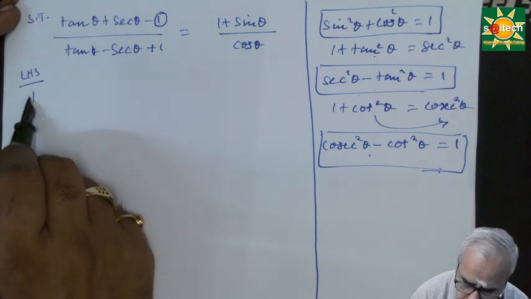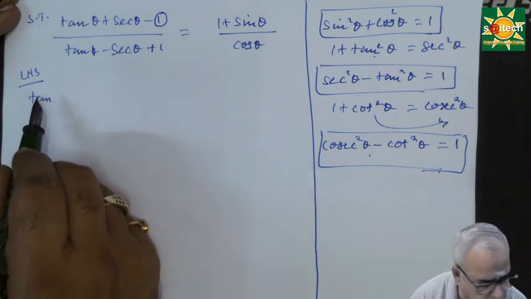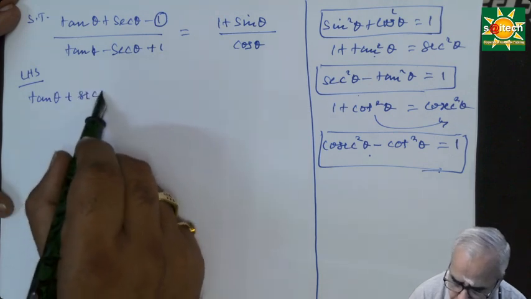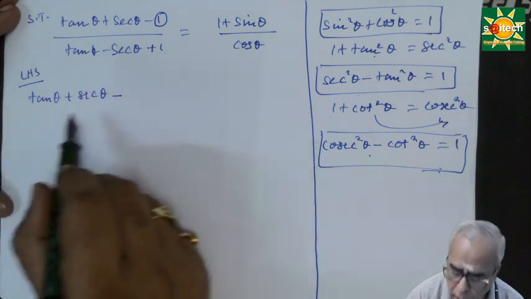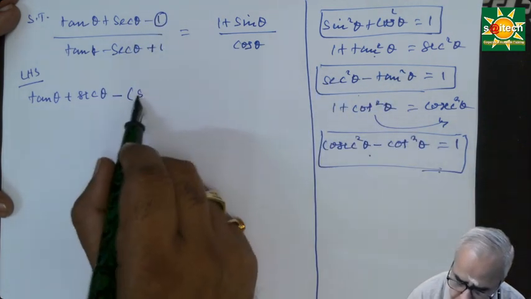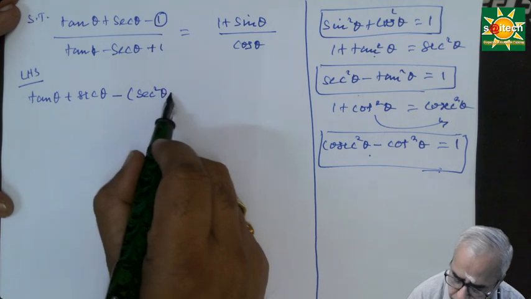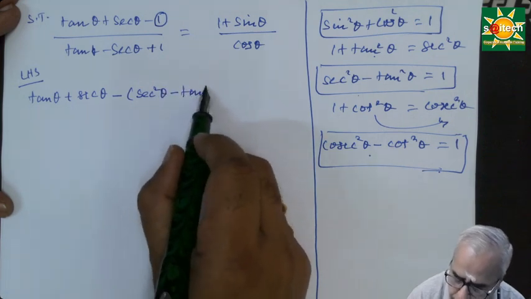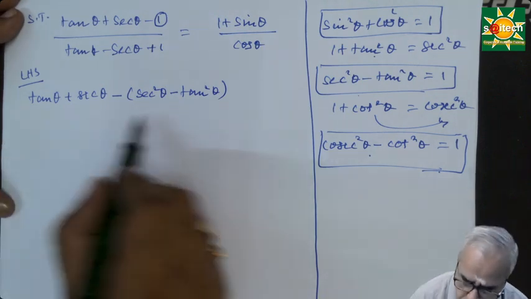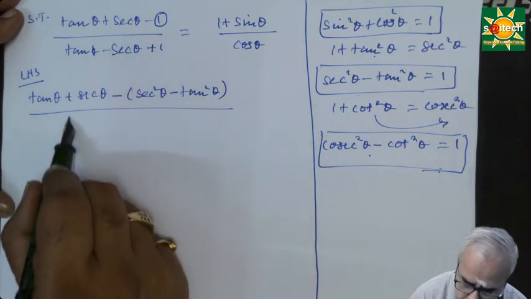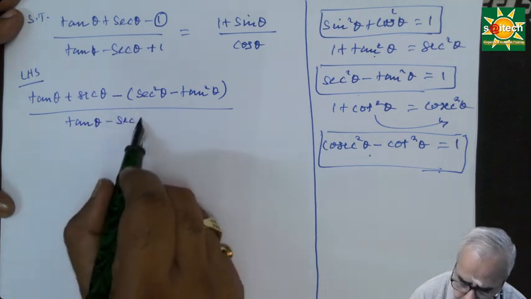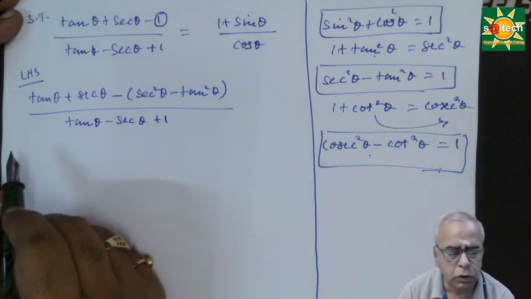So write down: tan theta plus secant theta minus, and instead of 1 you can write this formula, is it not? That is, secant squared theta minus tan squared theta, close the bracket. Then you can write as such this one: tan theta minus secant theta plus 1.